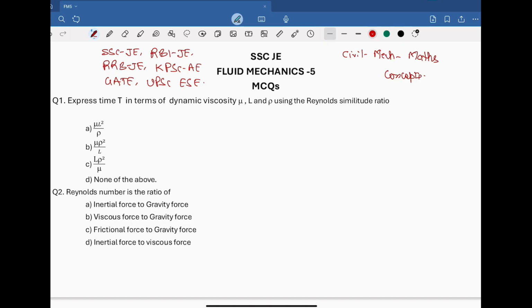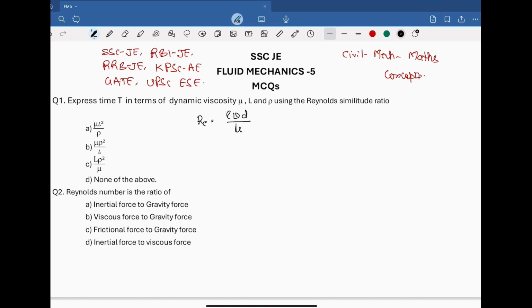It depends upon the Reynolds number. What is Reynolds number here? Reynolds number is equal to rho V D by mu.